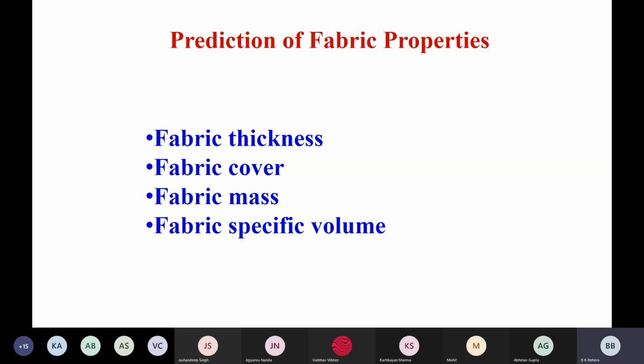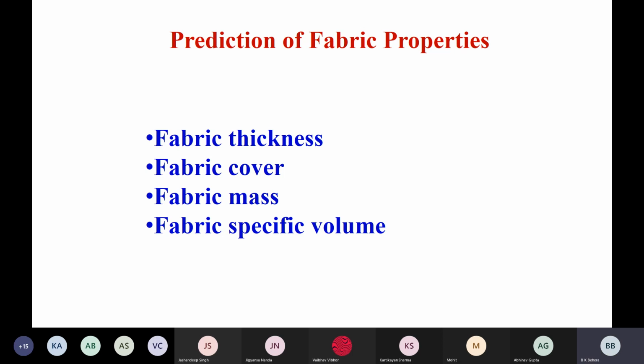Prediction of fabric properties: fabric thickness, fabric cover, fabric mass, and fabric specific volume. Some of the factors we have already discussed. Already we know fabric specific volume, fabric mass, GSM formula, I have given you in the tutorial class in all the groups, and fabric cover I explained yesterday, but we have a systematic chapter subsequently where all the formulas will be derived for how to find out the cover of the fabric.